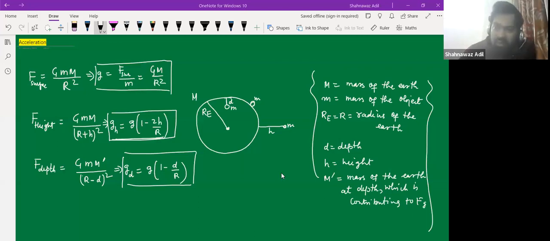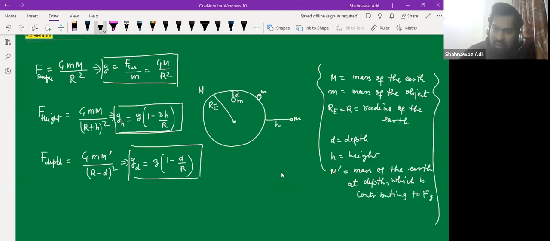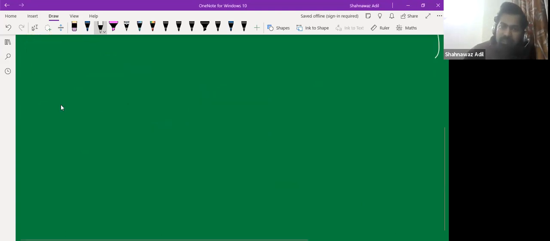Okay, so these are the gravitational accelerations. Sorry about that. So this is about the gravitational acceleration at different places.